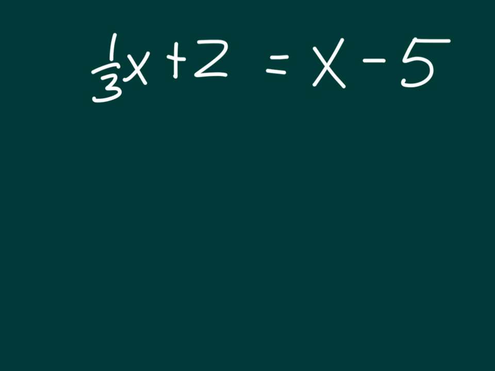Now let's take a look at this. What I need to do first is get all of my x's to one side. So the first thing I need to do is subtract. I know I need to subtract because this is adding and subtracting. If I need to move this x to the left-hand side, I need to subtract x. After I subtract x, I'll have all my x's over here, so I'll need to combine them. Then I'll need to move numbers.